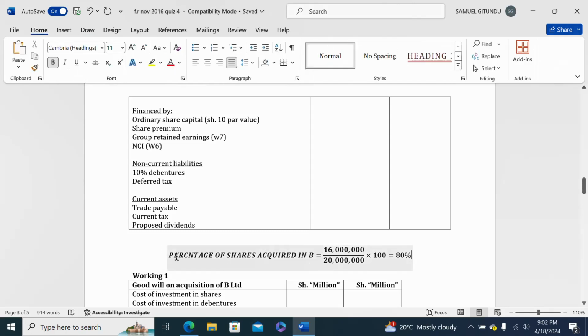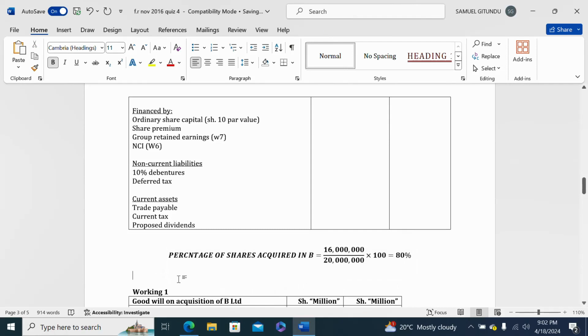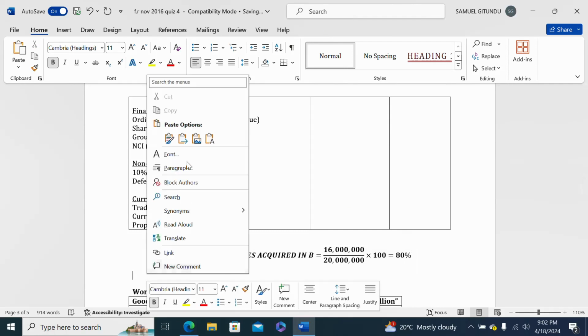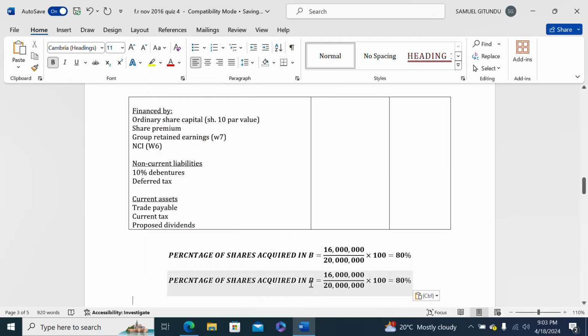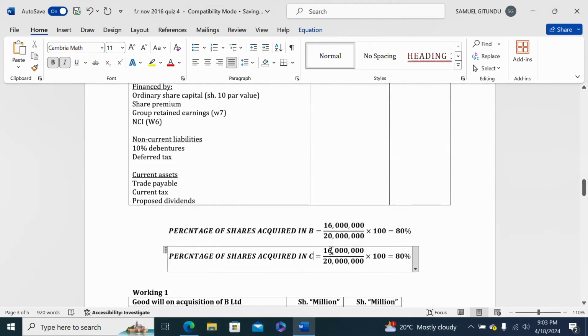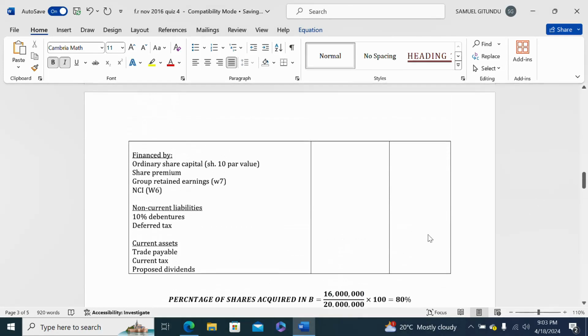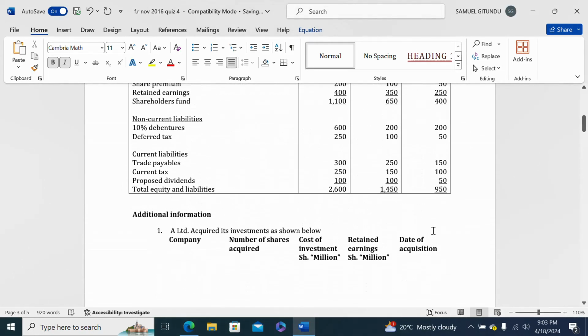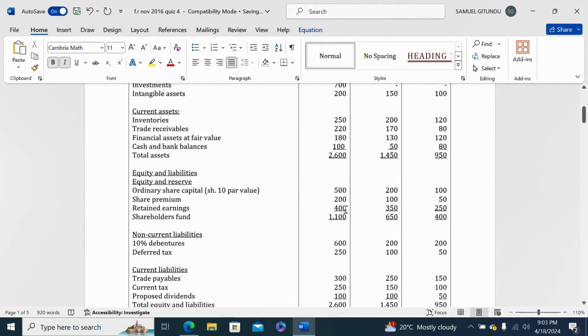We can also check for C, the percentage of shares acquired in C. We are told it acquired 3 million shares in C. Out of how many?